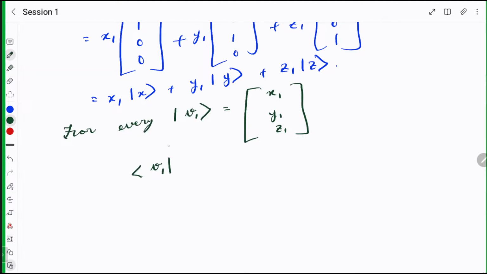So basically you call this bra. It's just horizontally flipped by 180 degrees. So bra v1 would be the transpose of ket v1. So this was a column vector. If you take the transpose of a column vector, it would become a row vector.